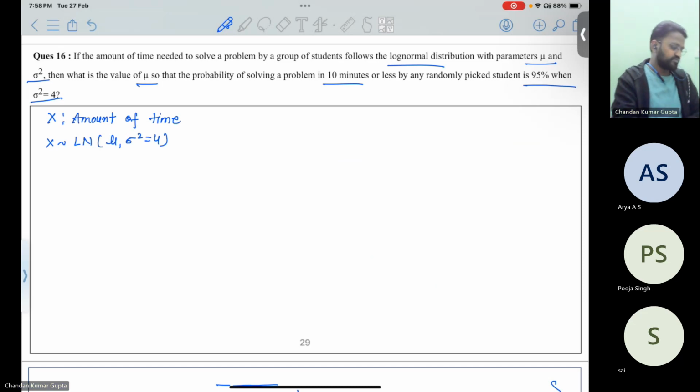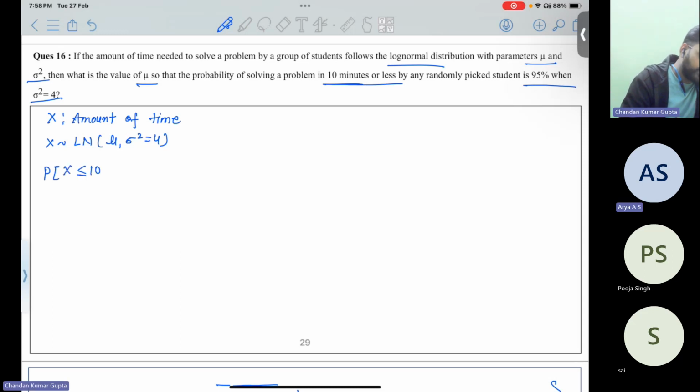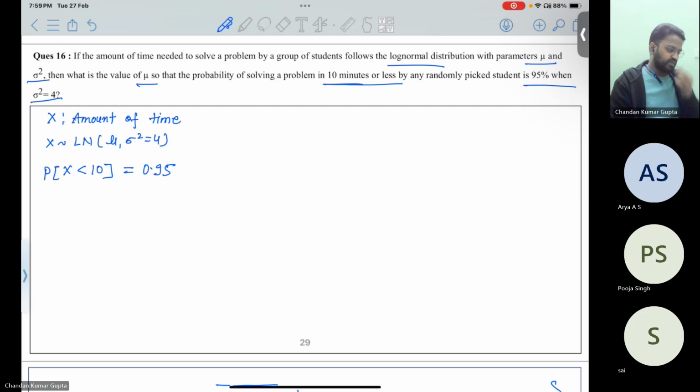Also, it is given that the probability that the problem is solved in less than 10 minutes, that is X less than 10, you may write equal to because it is a continuous distribution, is equal to 0.95. These two are given. Okay.